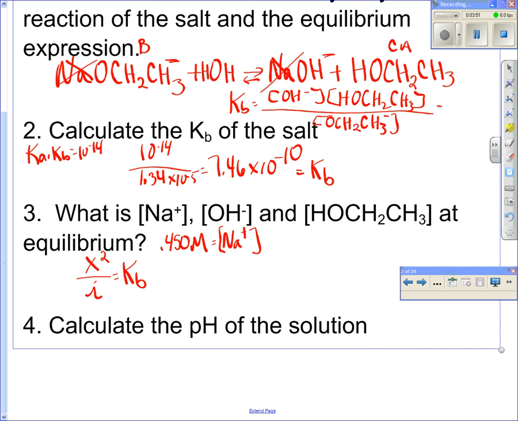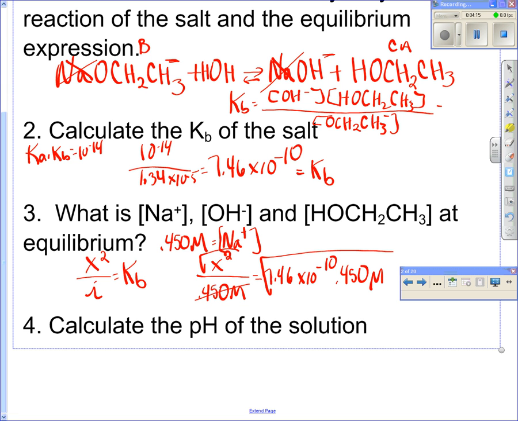If I plug this in, I have 0.45 molar for the initial concentration, and x squared equals the Kb we solved for earlier, 7.46 times 10 to the minus 10. Algebraically, if I multiply both sides by the 0.45 and take the square root, that's going to give me these concentrations.